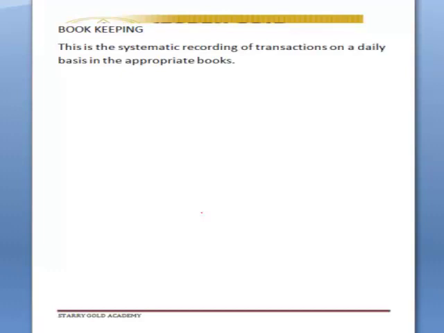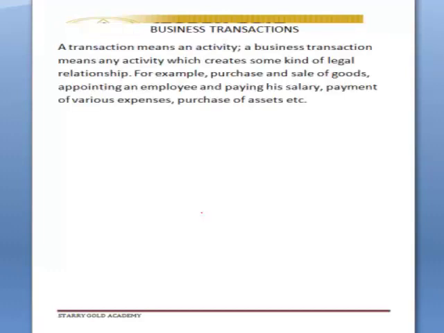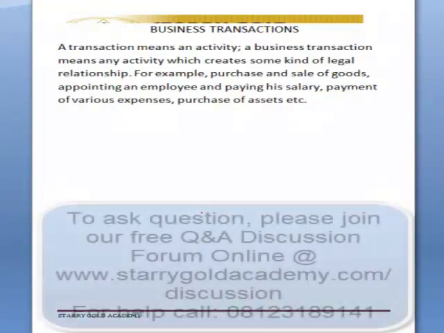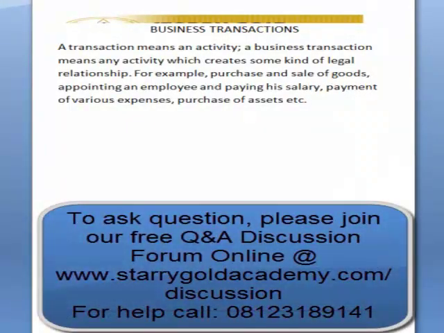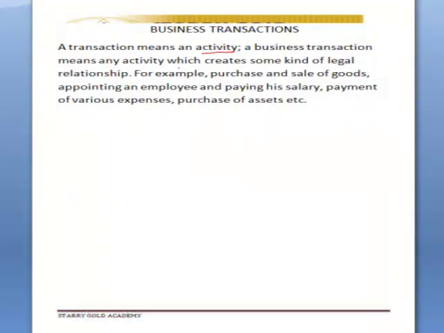So, let's look at what we mean by transactions. What are business transactions? What constitutes a business transaction? A transaction means an activity. A business transaction means any activity which creates some kind of a legal relationship.